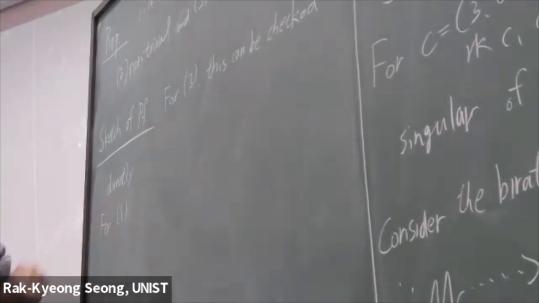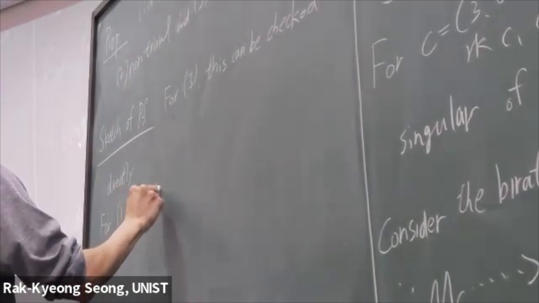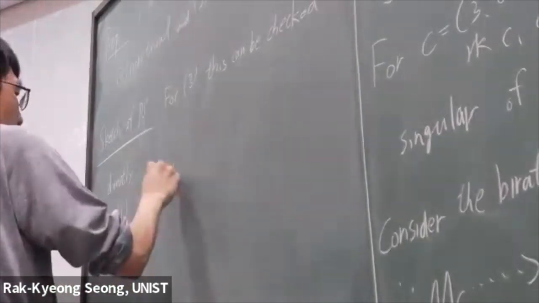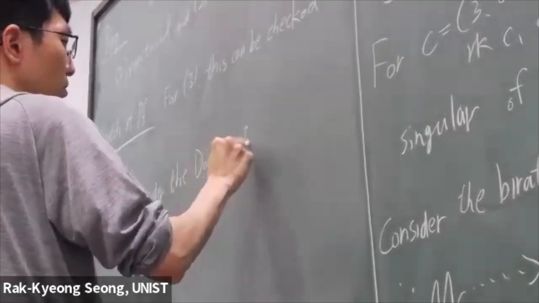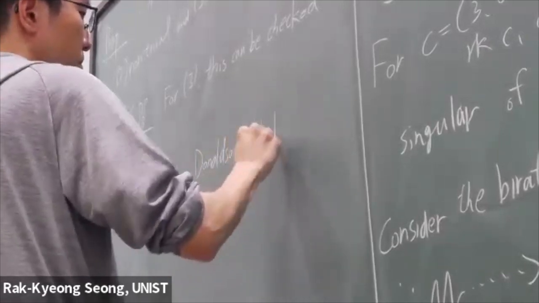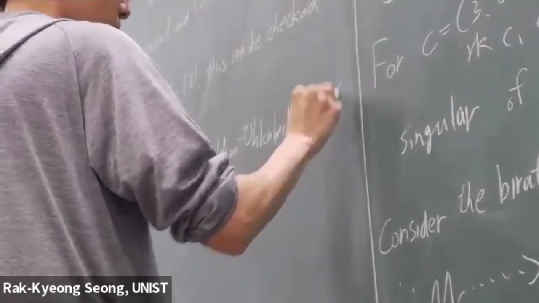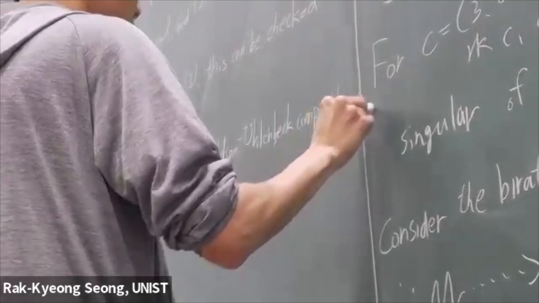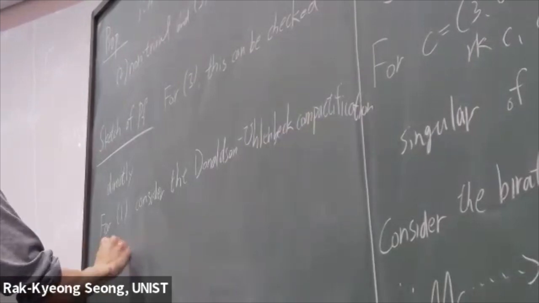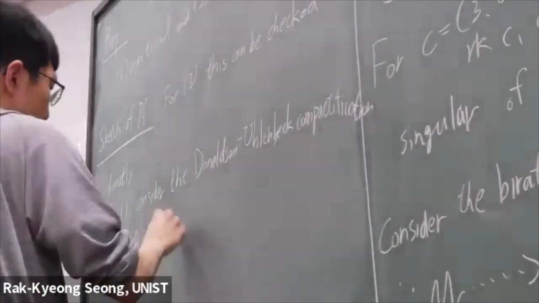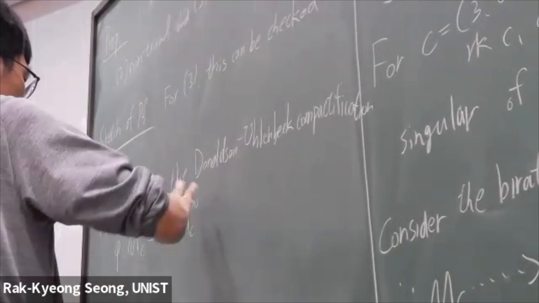And for the regularity of the involution, we consider the following Donaldson-Uhlenbeck-Yau compactification. This moduli space has a birational morphism to another moduli space, the so-called Donaldson-Uhlenbeck compactification.